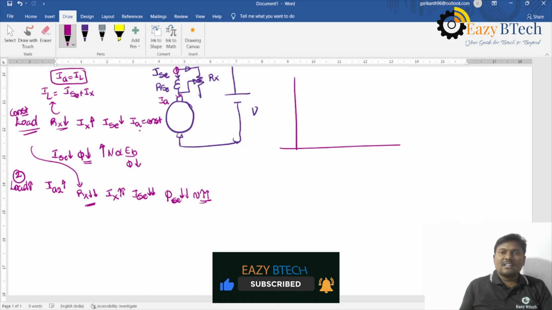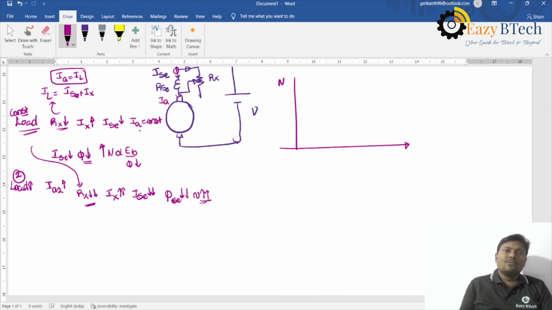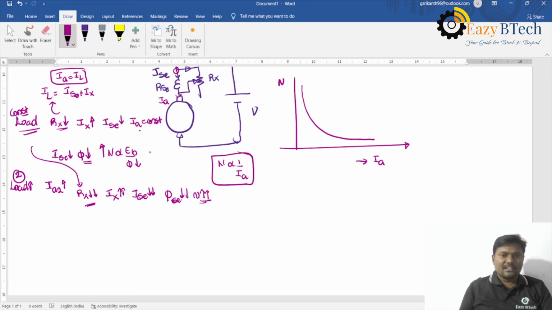If you draw the characteristics, speed versus armature current without Rx, this is a normal curve, because speed is inversely proportional to Ia under normal operating condition. With Rx included, this is at Rx1 and Rx2.